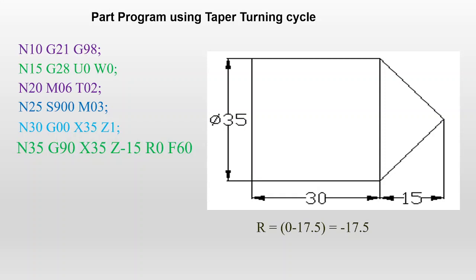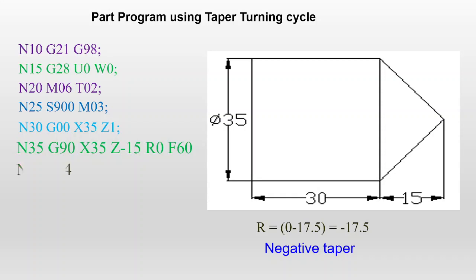Removing the entire material at one time is difficult, so we have to remove it stepwise. We take different R values and complete the entire material. Because the negative sign is coming, we call it a negative taper turning.